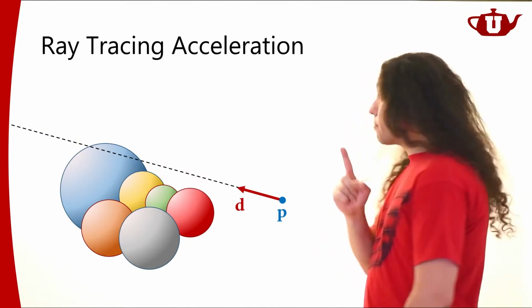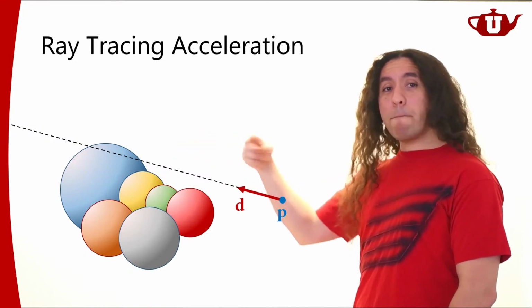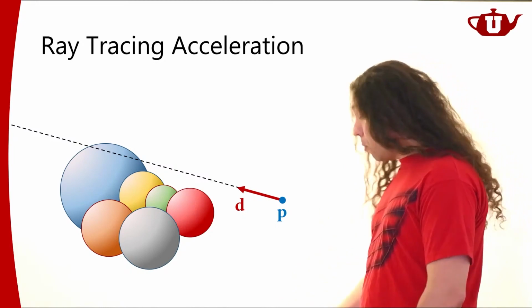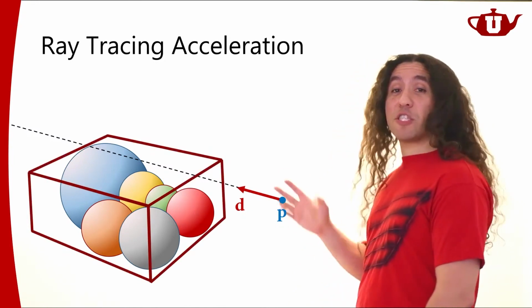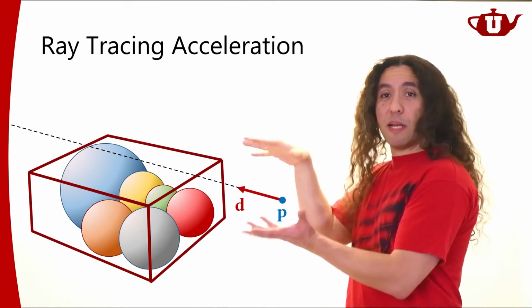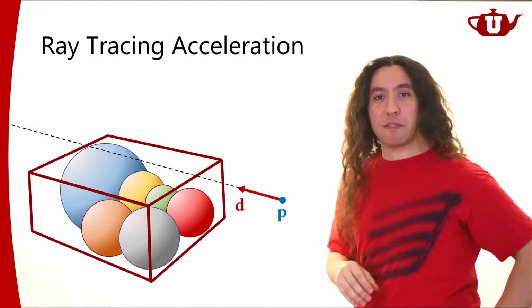But if I know where these spheres are, maybe I can take a shortcut. For example, if I know that these spheres just fit in a box, I put all the spheres in a box, or actually I build a box that will contain all of my spheres.